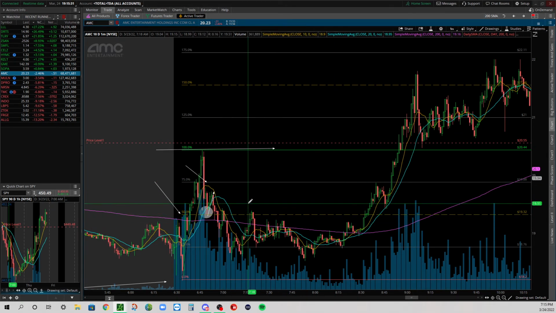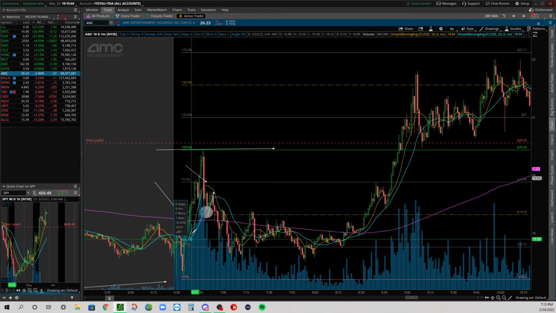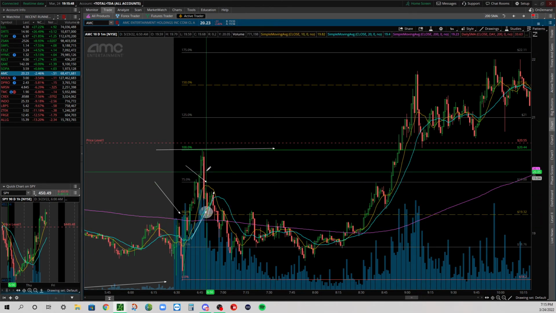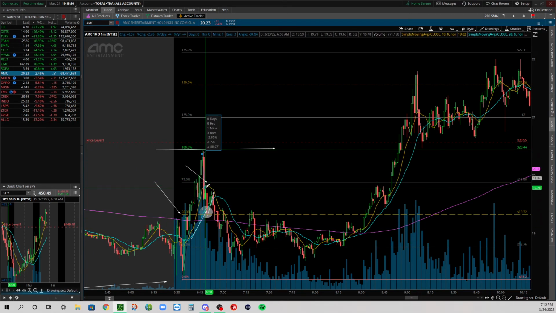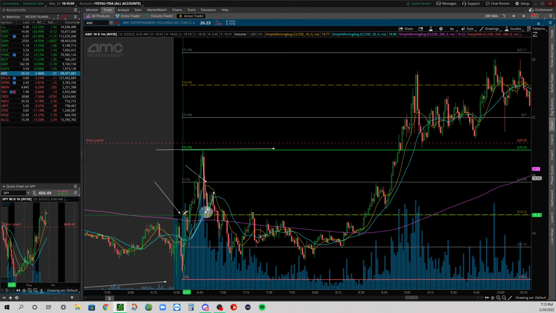And how I use this in congruence with the 10 and 20 SMA is, as you can see, the 10 and 20 SMA right here, because the 20 is still pointing up. Like I said earlier, when your SMA trend is on the upside and the stock is coming down to it like this, the probability of it bouncing back up is high. Now, you want to buy that dip around the 50% level area.